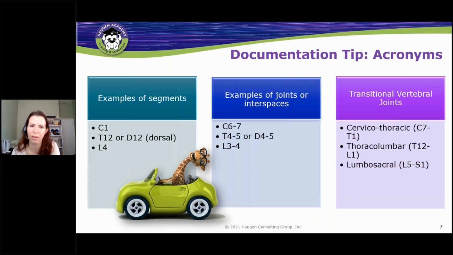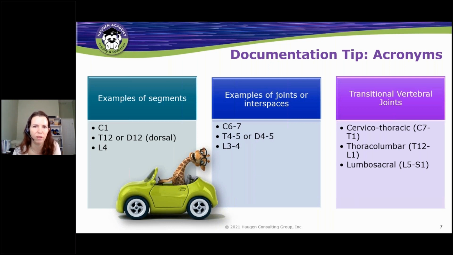The same thing with thoracic spine. They're not going to say thoracic vertebra 12 or dorsal vertebra 12. Dorsal is the same thing as thoracic, just FYI. They're going to abbreviate them with T12 or D12, and lumbar is just going to be L. So L4 is the 4th lumbar vertebral segment.